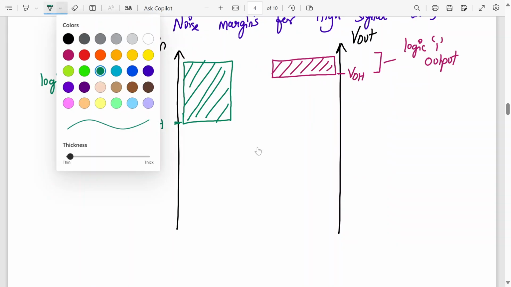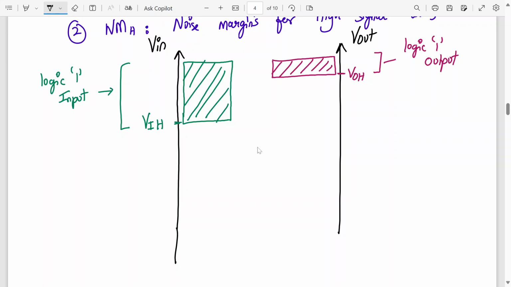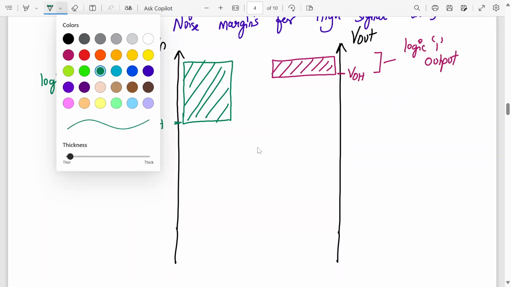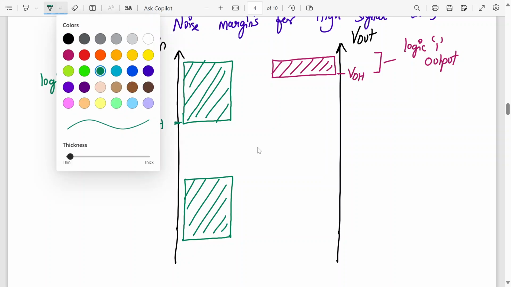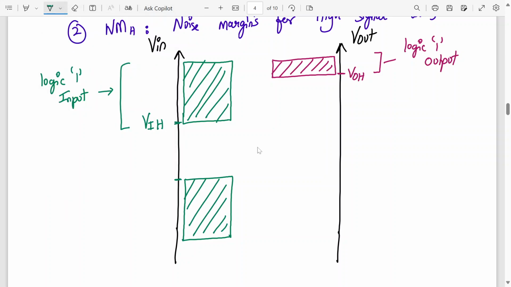Next, let's extend this slightly down. Now there are 2 more ranges left. Of course this and this coincide, these levels. What is the upper limit of this? Understood now? Maximum allowable voltage, minimum allowable input voltage. This range is called logic 0 input, and one last is there.